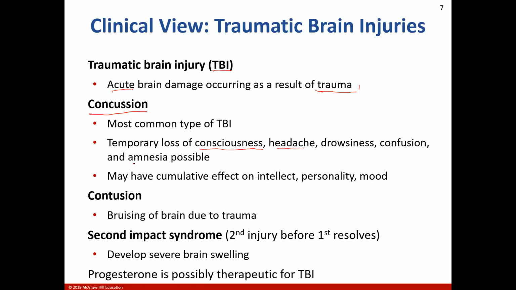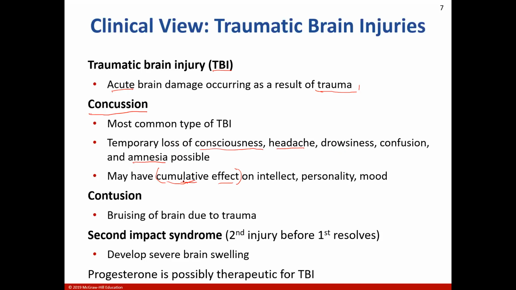Amnesia means lack of memory. That's possible. So this is the scary thing with concussions, their cumulative effect. Because once you injure brain tissue, like neurons and glial cells, they don't really regenerate. The PNS is much more regenerative than the CNS, like the brain.